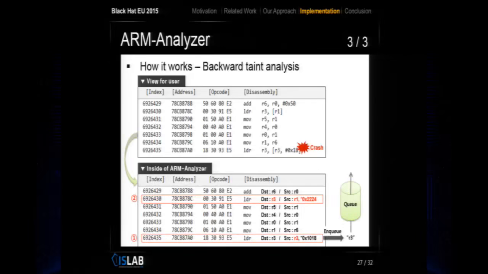It backwards looks for an instruction that has R3 register as destination. So it will find this one, and it includes the source objects of the instruction. And then it will find R1 and effective address backwards again and again until the search finishes.